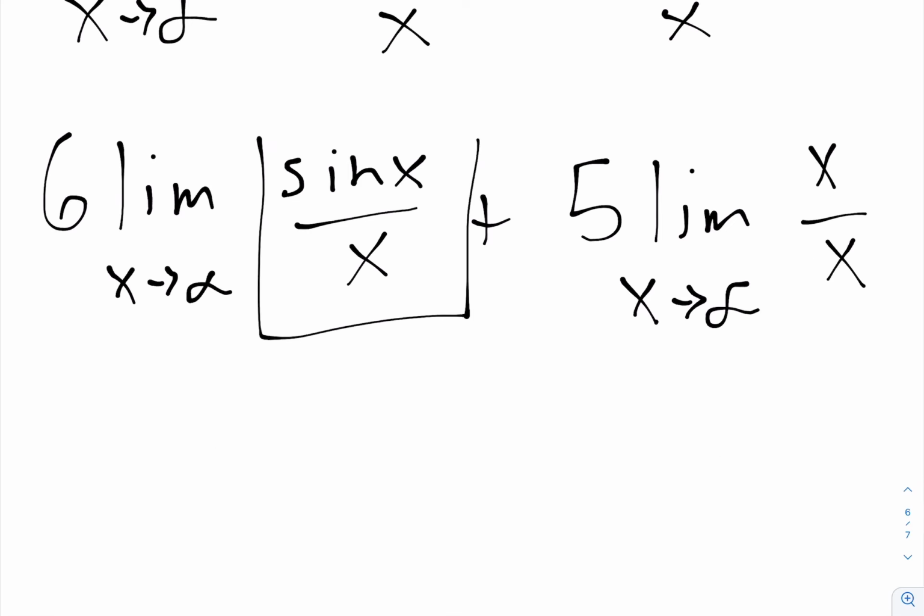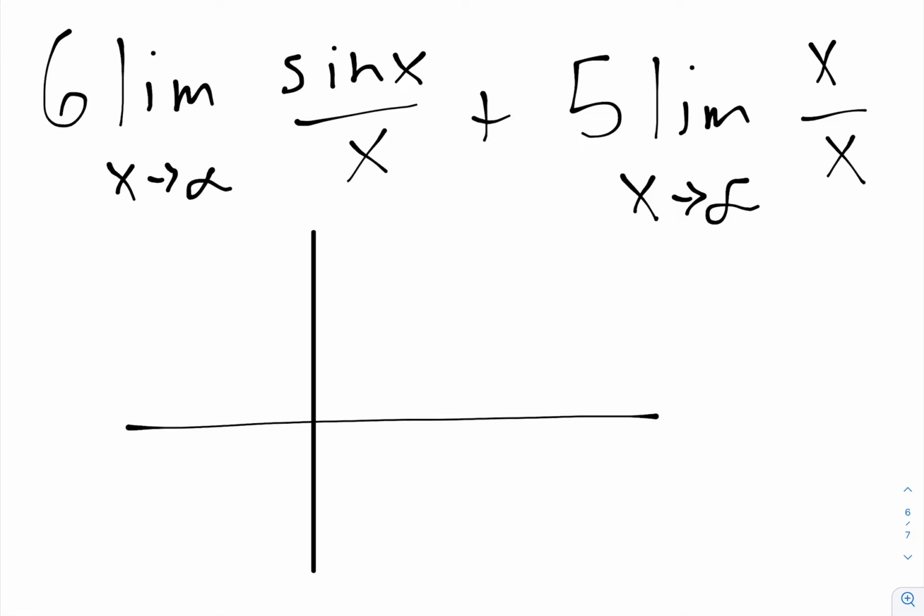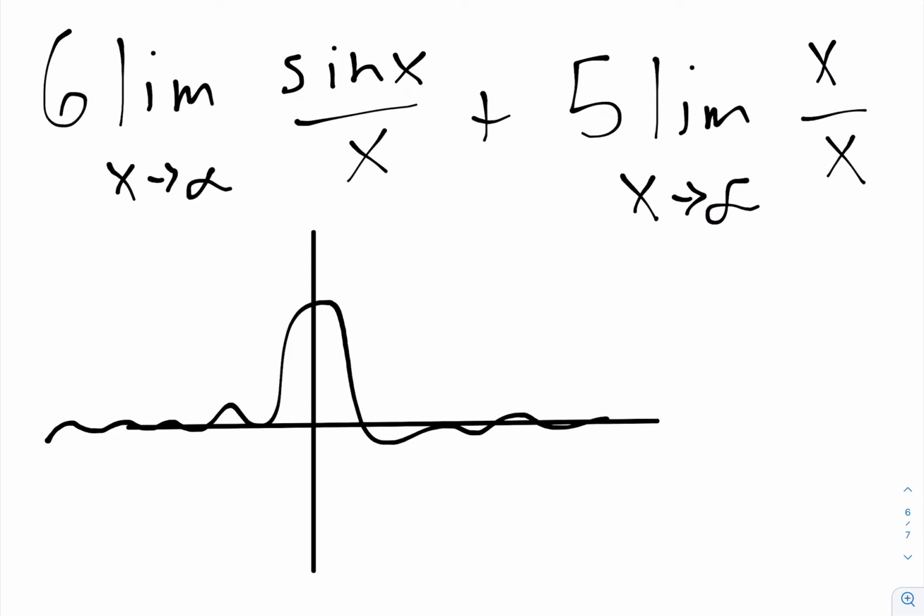Okay, so sine x over x, we just went over that one, right? Remember, it was an oscillating discontinuity, and it had a horizontal asymptote. It kind of looks like this. As x approached positive infinity, it kind of flattened out, and we could see that the limit as x approached infinity was going to be 0.